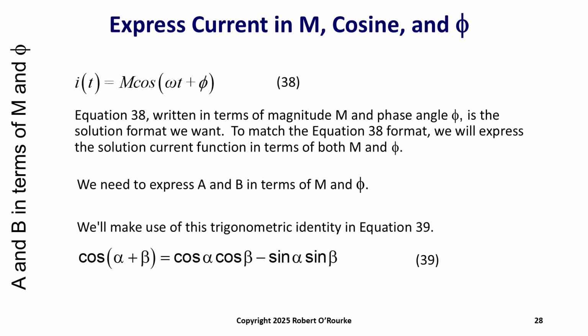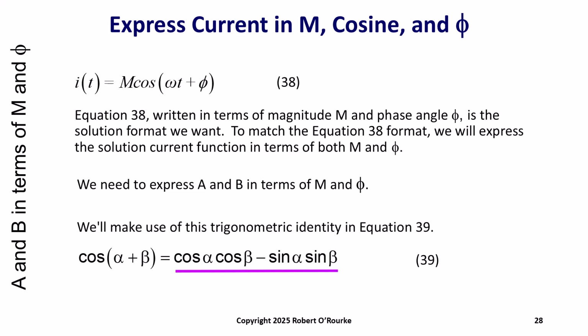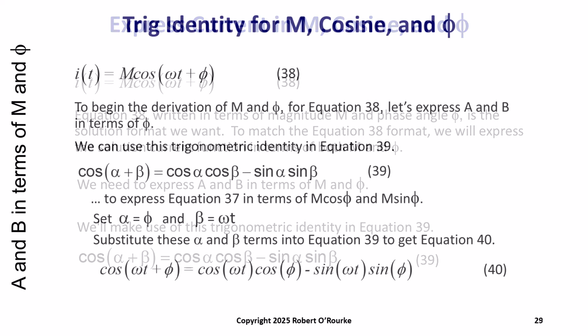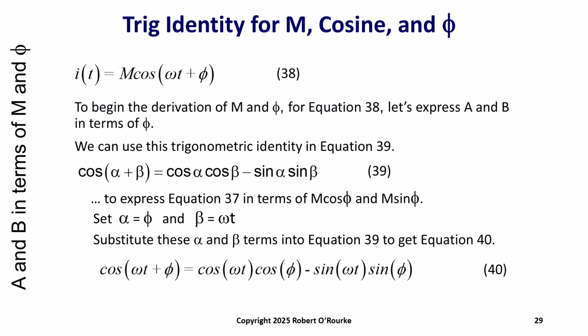To start with, we will make use of equation 39, which conveniently expresses sine and cosine terms on the right side of equation 39 in terms of one cosine term on the left side of equation 39. To make use of equation 39, set alpha in equation 39 equal to phi from equation 38.